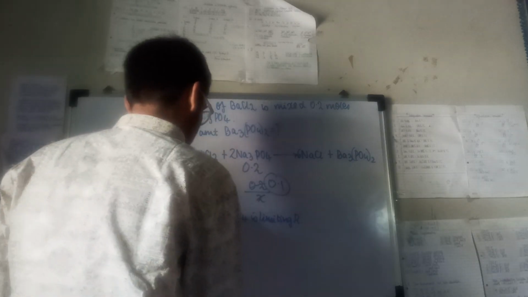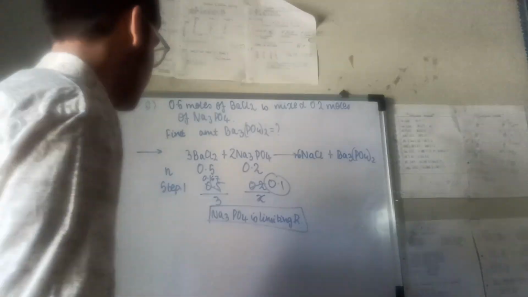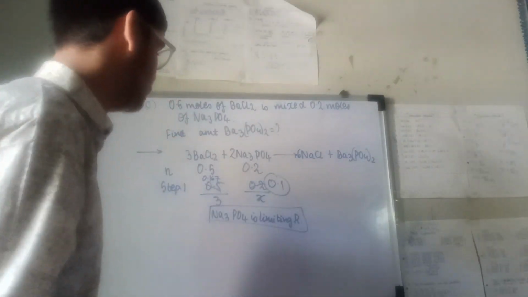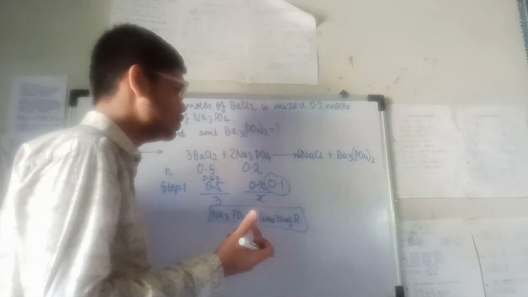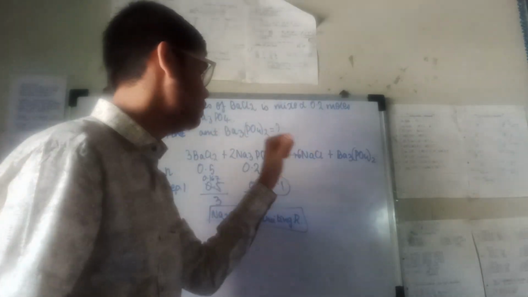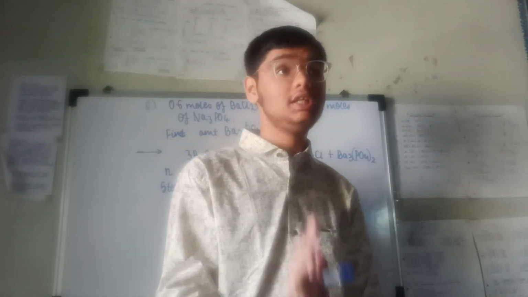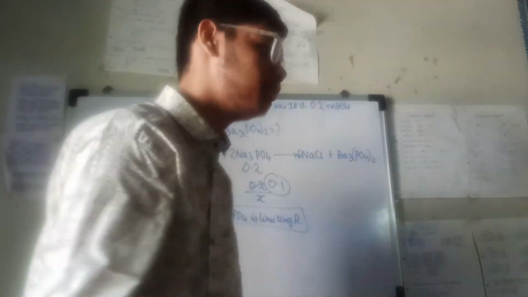Everyone got the limiting reagent? Na3PO4 is the limiting reagent. Now what do we have to find? The amount. I will use a simple formula: number of moles of Ba3(PO4)2 is equal to given amount by molar mass.